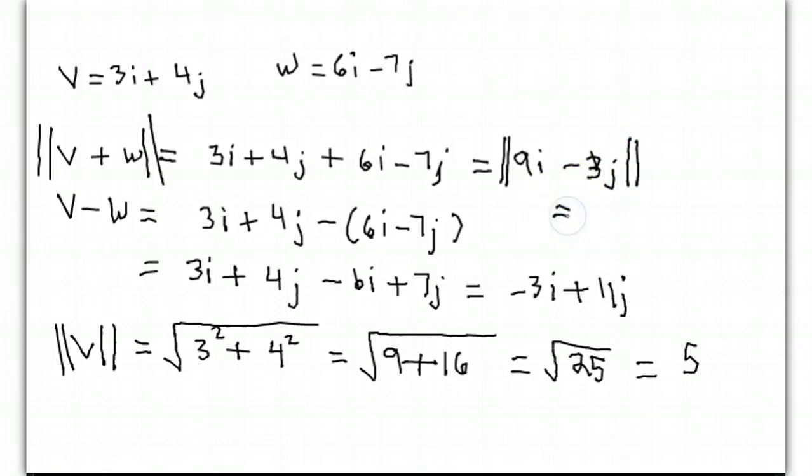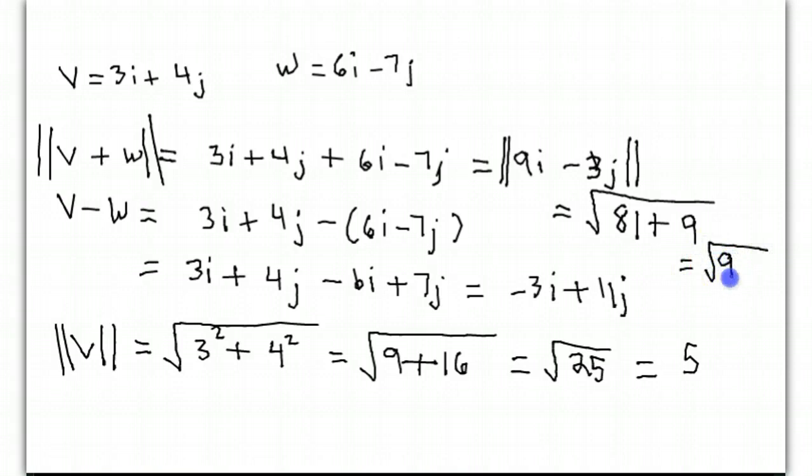So it's going to be the square root of 81, because that's what 9 squared is, plus 9, because when you square negative 3, negative 3 times negative 3 is a positive 9. So 81 plus 9 comes out to the square root of 90.